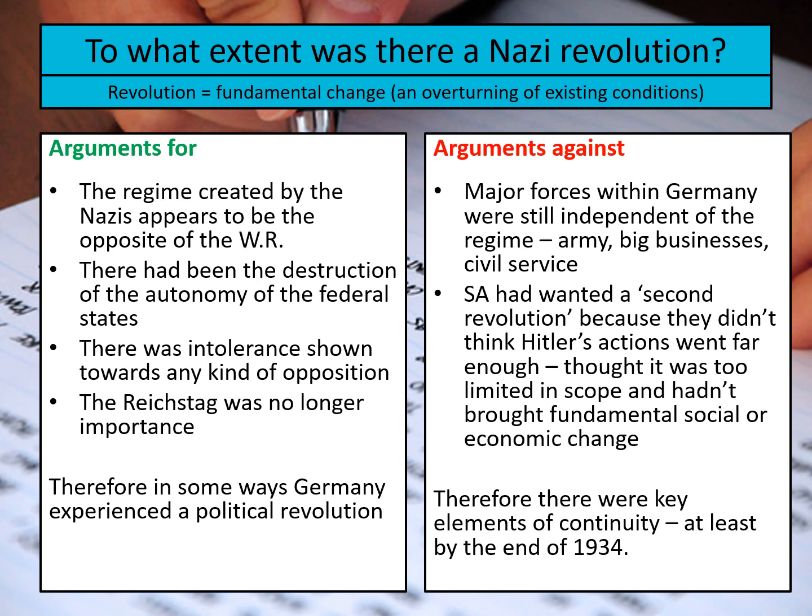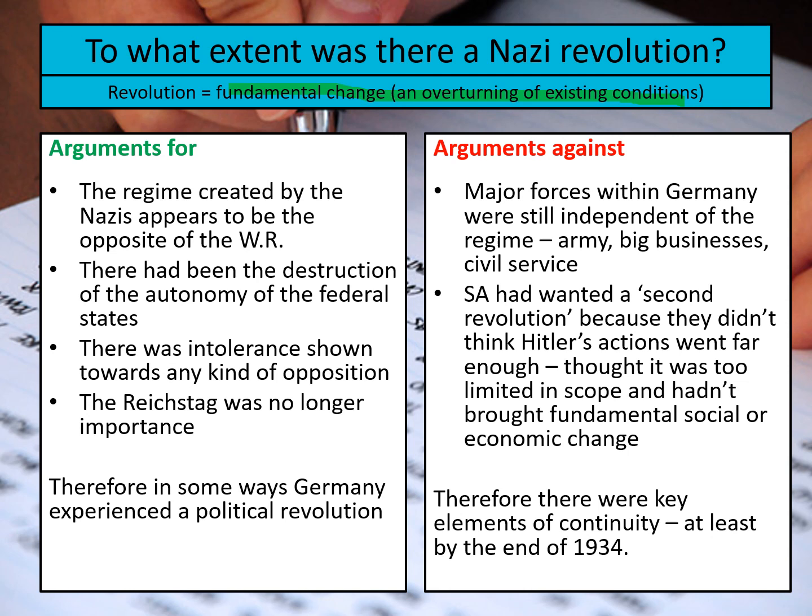Now, I'd strongly suggest if you ever get an exam question like this, that you define what you mean by a revolution. A revolution generally means a fundamental change, an overturning of existing conditions, or you might define it slightly differently, but it's worth thinking about how you would define it before you make some notes on whether there was or wasn't a revolution.